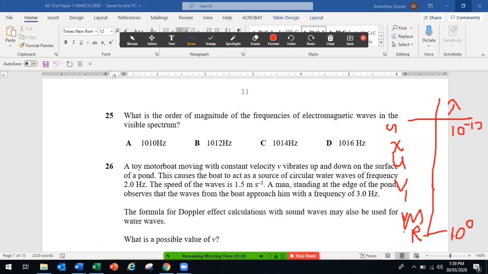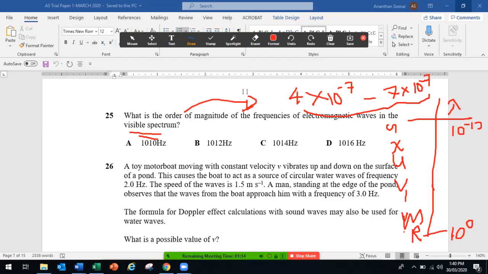So what is the visible spectrum? You should know the visible spectrum is from what to what wavelength? 4 to 7 times 10 to the power of negative 7. This you need to know.